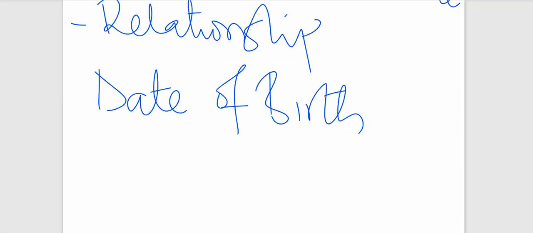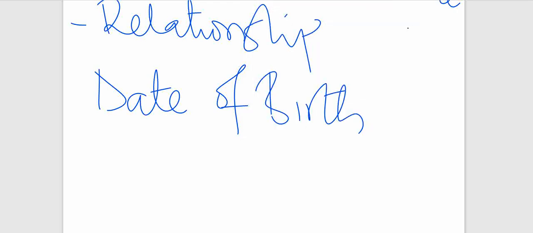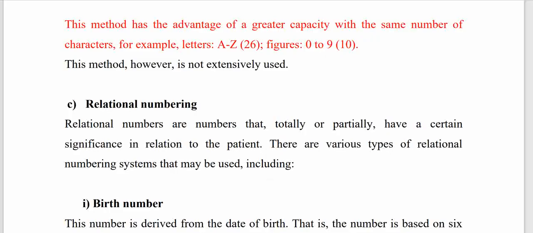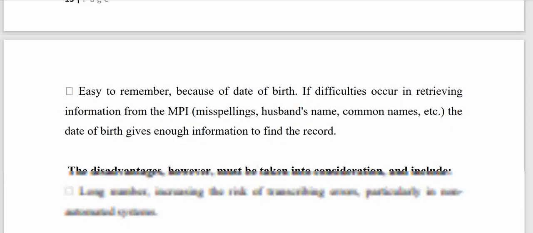Now, the thing I was almost forgetting is that these numbers are actually divided into two. There is the birth number.